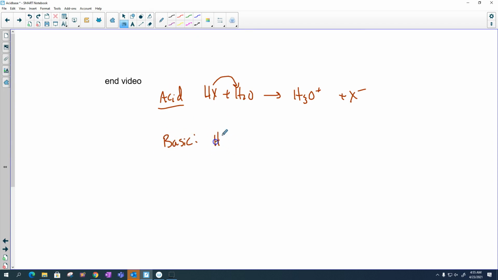It's just the opposite, where we have something, X negative, plus water, and it's going to get an H from water. So these are our two versions. This gives me HX, my acid back, plus OH negative. So that was in there just a little bit.